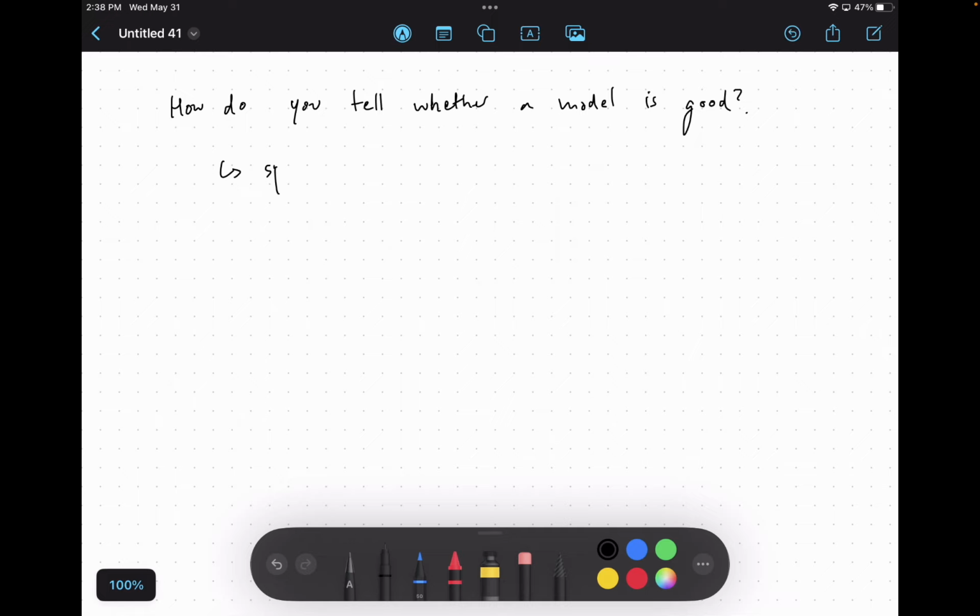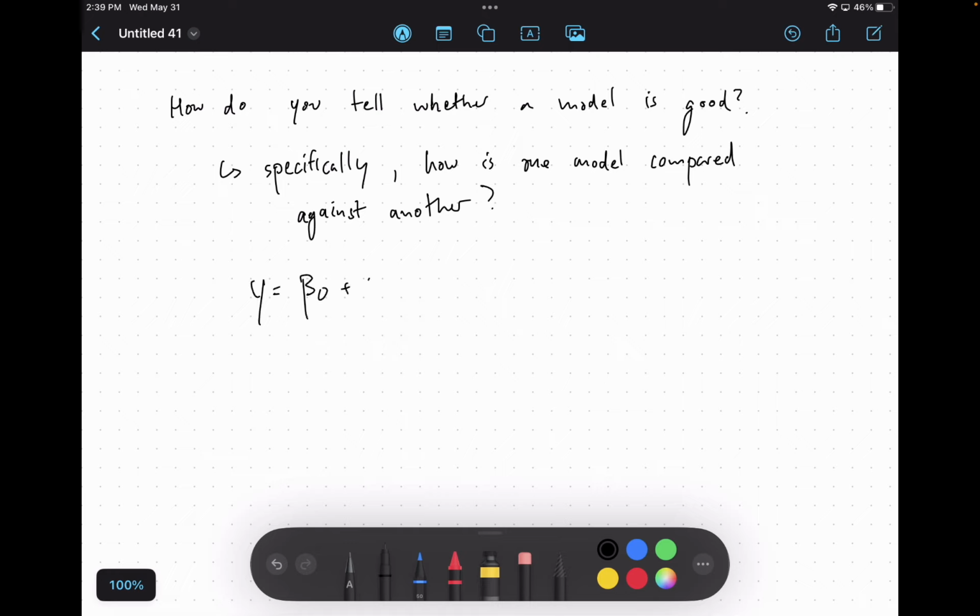And more specifically, how is one model compared against another? So this could be something like y equals beta 0 plus beta 1 x1 versus y equals alpha 0 plus alpha 1 x2. Something like that.